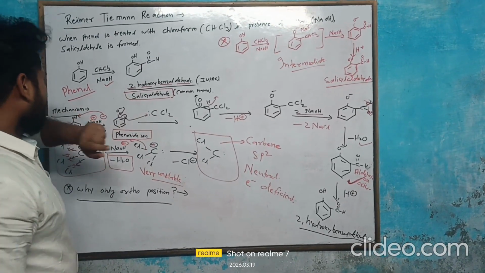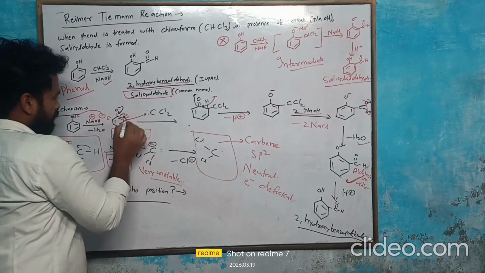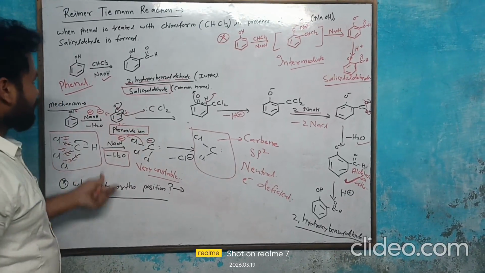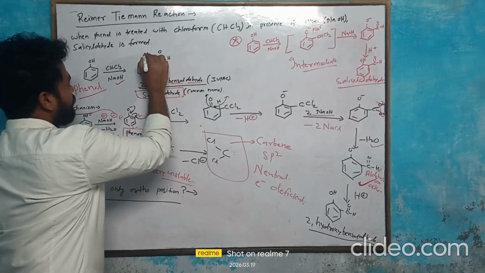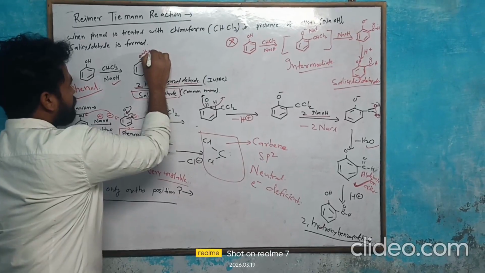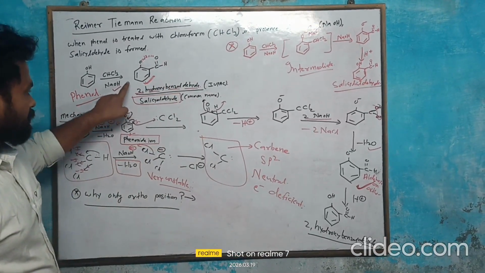Because the phenoxide ion produces negative charge on all three positions. But as you can see, there is a chance of hydrogen bonding. Due to hydrogen bonding, product formation takes place at the ortho position.